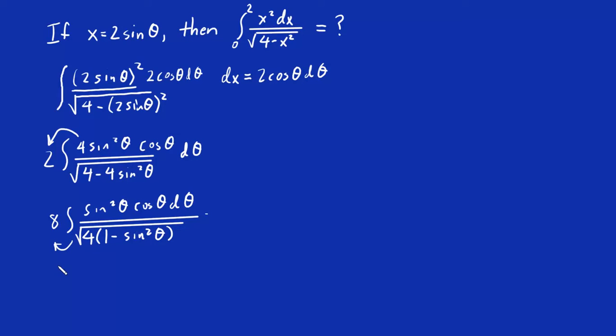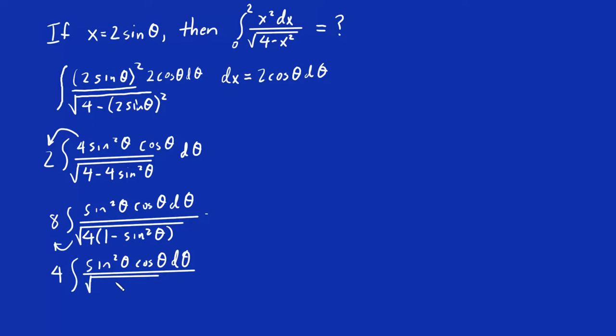And then 8 divided by 2 is just 4. And so we have 4 times the integral of sine squared theta cosine theta d theta, all over the square root of 1 minus sine squared theta.